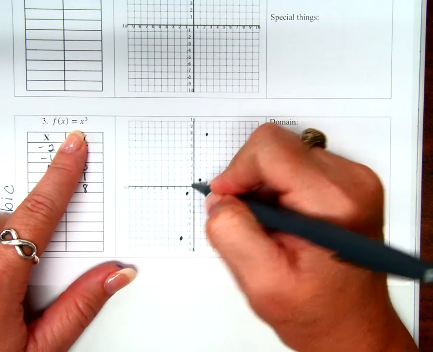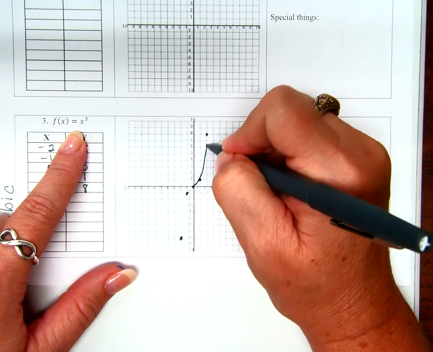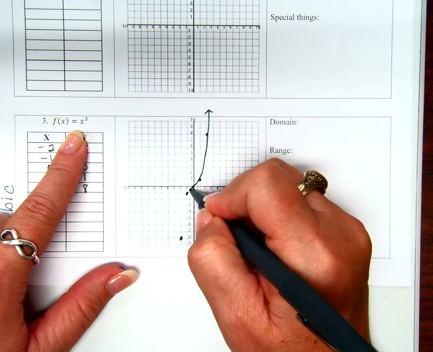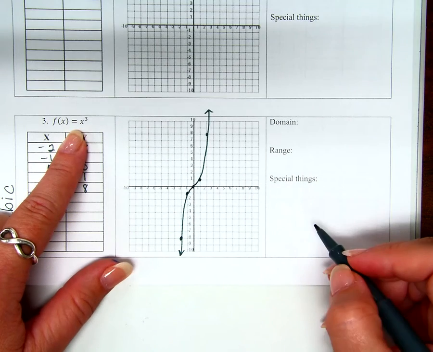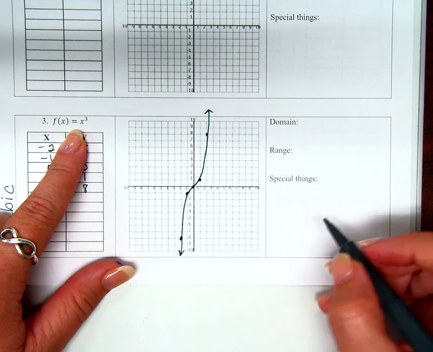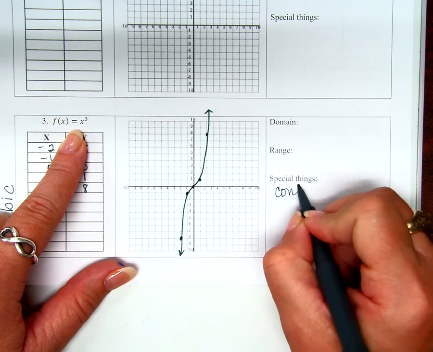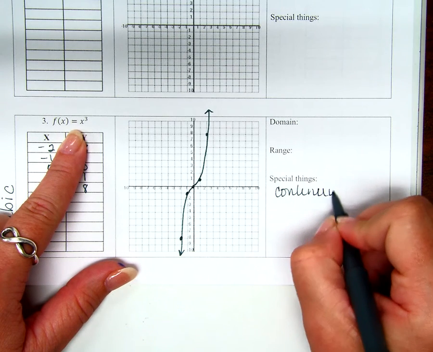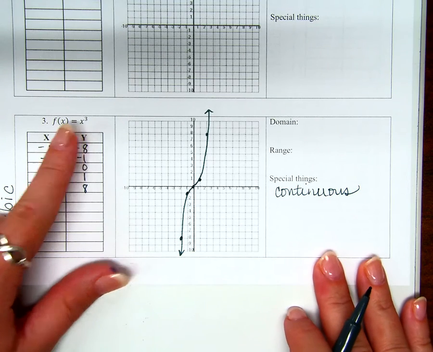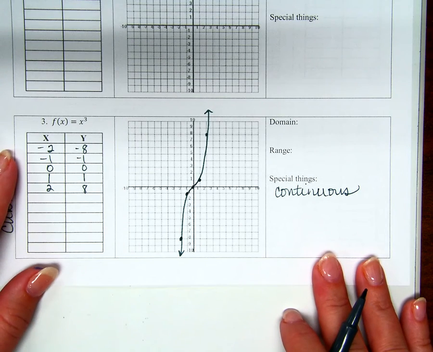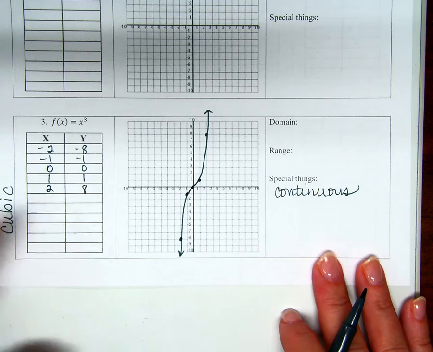So you know it is continuous, so we can connect them. Is that something we ought to put under special things? Yes, okay, continuous.